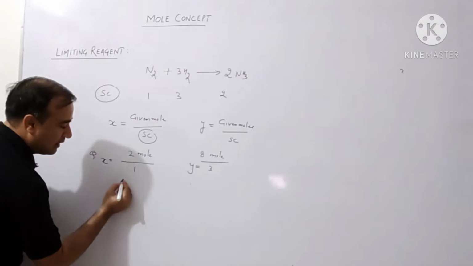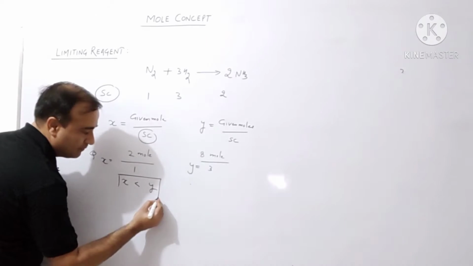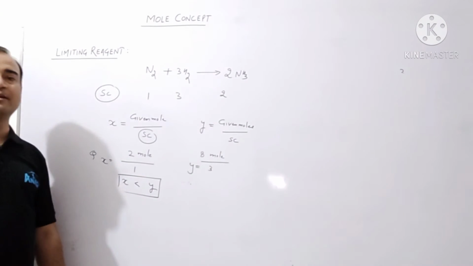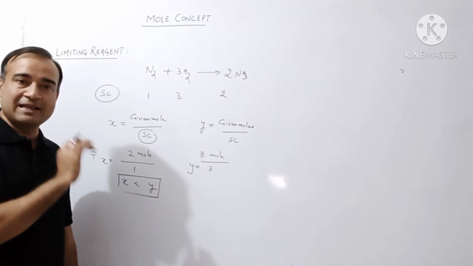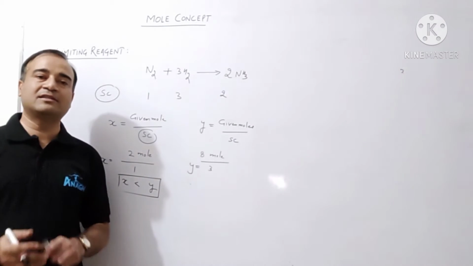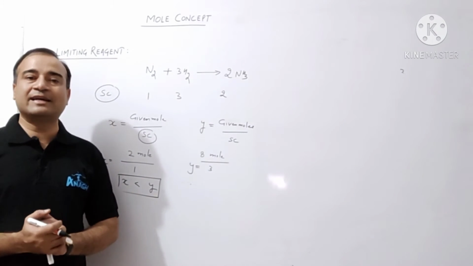So if X and Y show the given trend where X is lesser than Y, the reagent for which this coefficient is lesser will be regarded as the limiting reagent, and the one for which the coefficient is higher will be regarded as the excessive reagent.